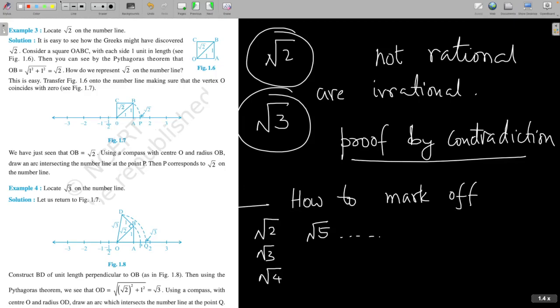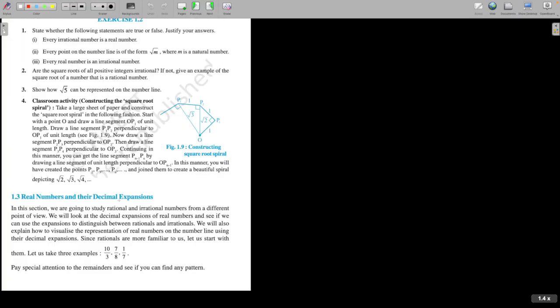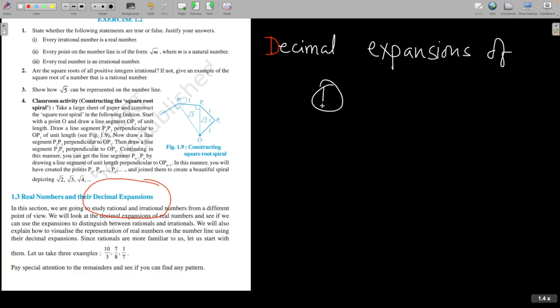So we'll move on and come to the main idea, which is the decimal expansions of fractions. So the main idea here now is decimal expansions of rationals. And the book studies these with some simple examples.